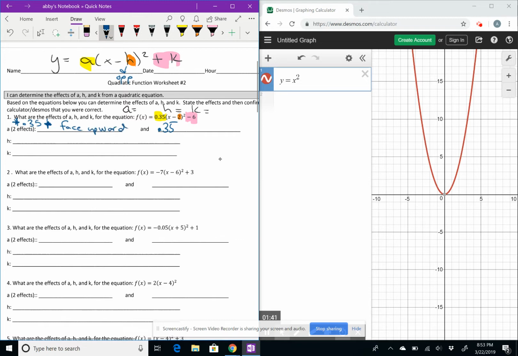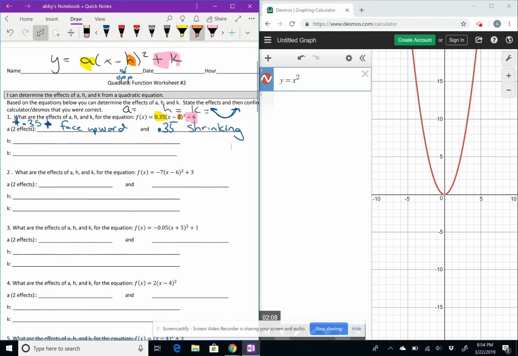So whenever A is positive, it's upward. Now that 0.35 actually makes the graph wider. Now because it's wider, that means that it is shrinking. If you put wider, that would be fine.